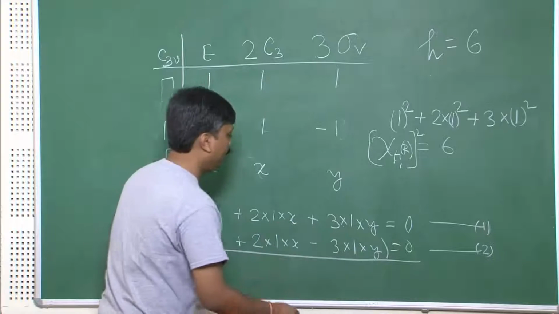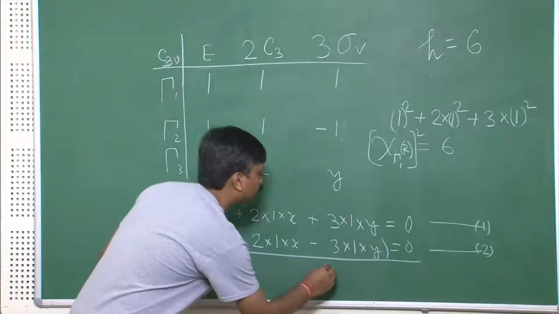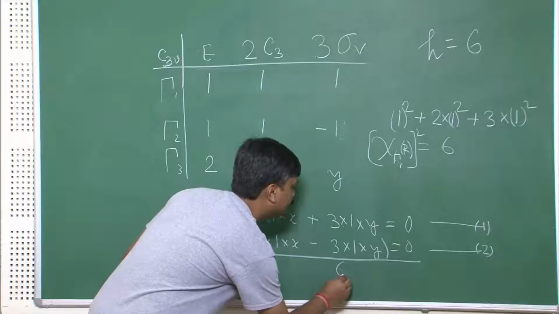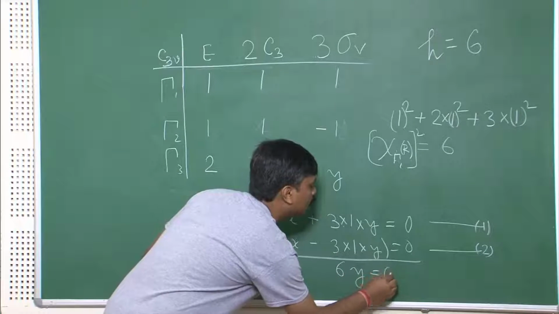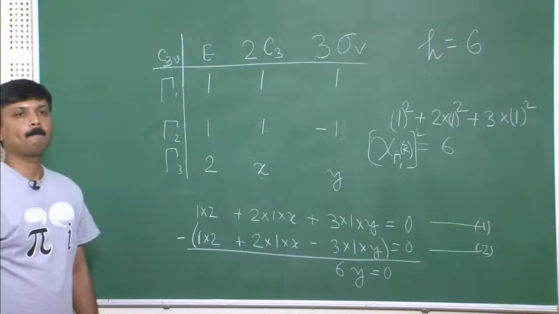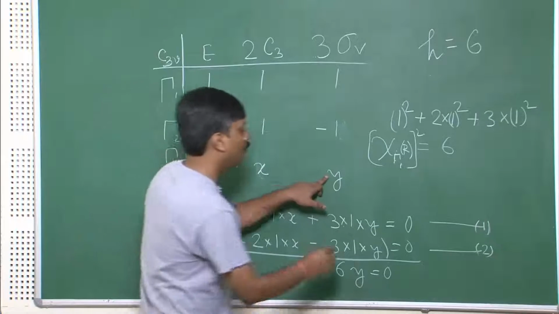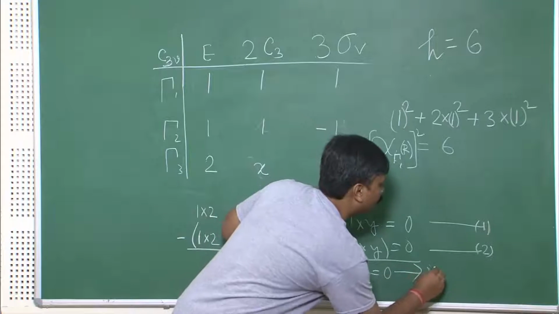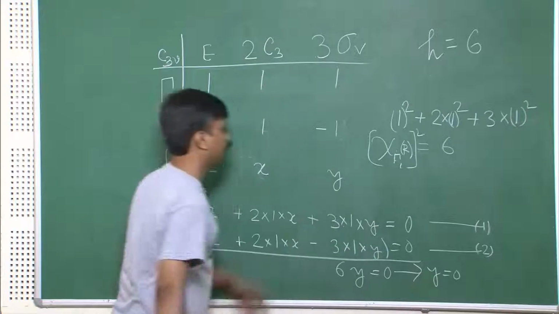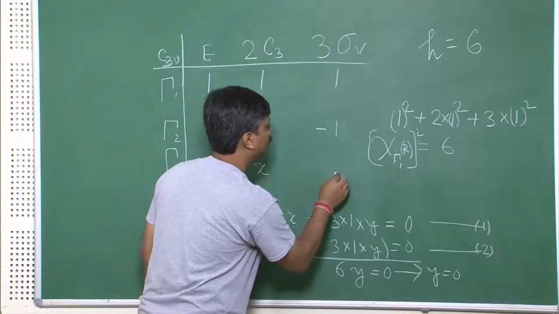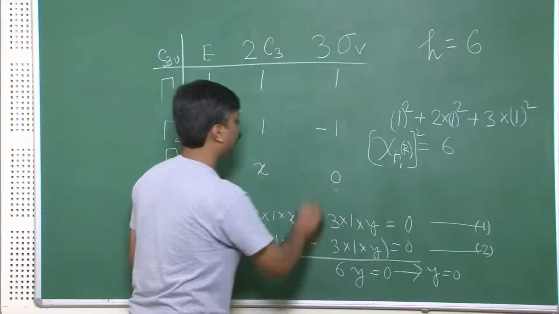So, I have 6y equals to 0. Okay. So, here I get y equals to 0. Let me write this here.